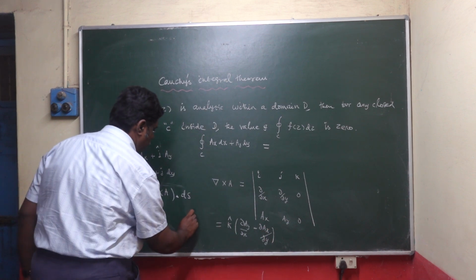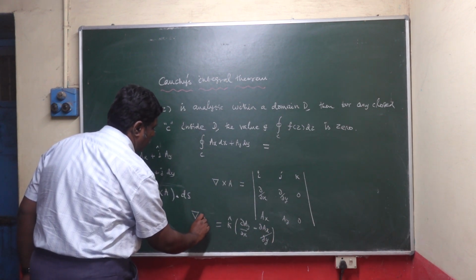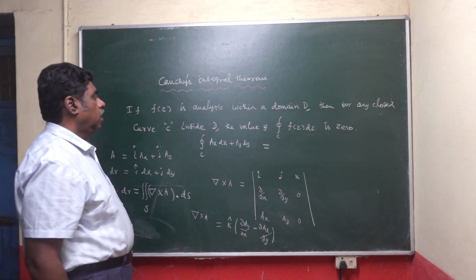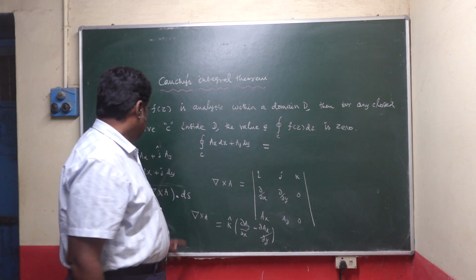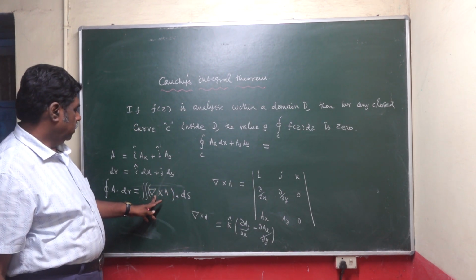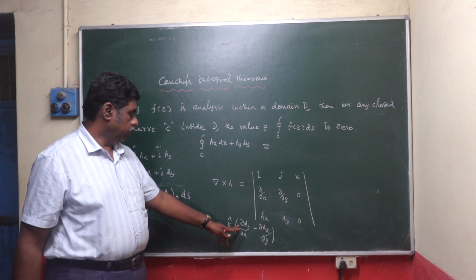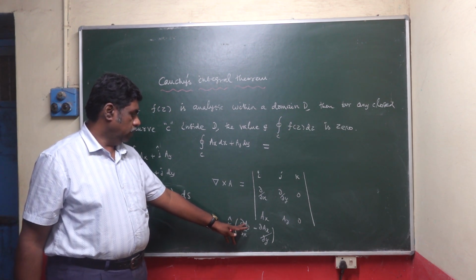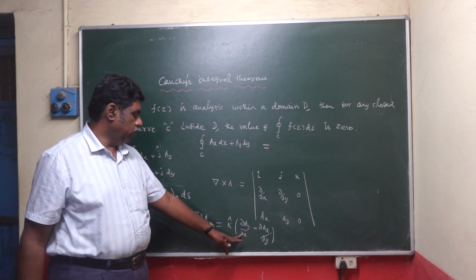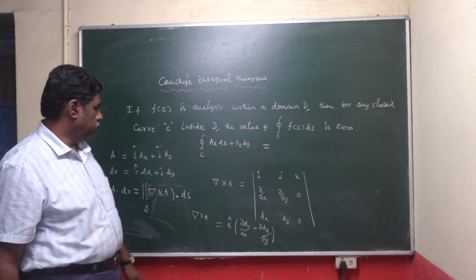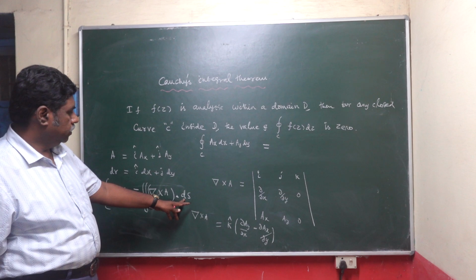This is the value of curl A. Instead of this curl A, we have to put this k unit vector into dou Ay by dou x minus dou Ax by dou y. Then dot dS.